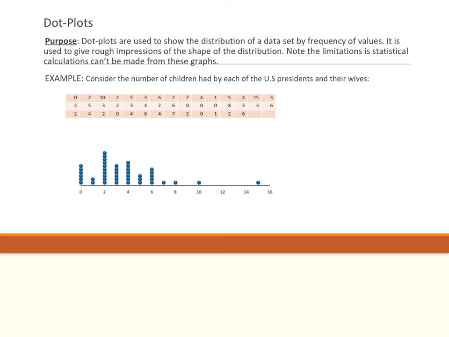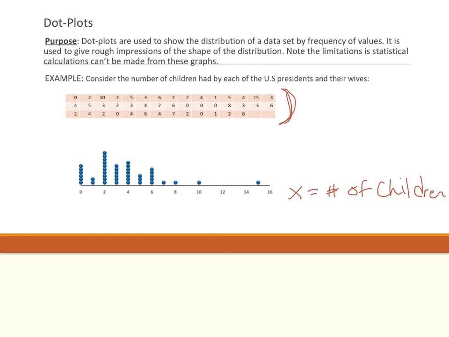So the example we have is to consider the number of children had by each U.S. president and their wives. Here's the data set for that. And for each observation, we just place a dot at the corresponding value on the x-axis. Here, x is equal to the number of children.